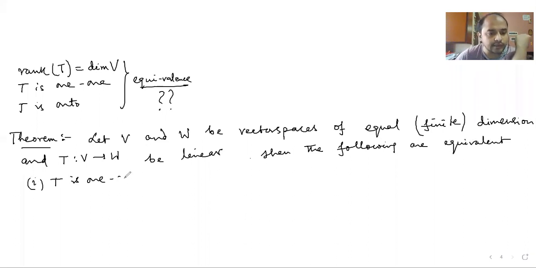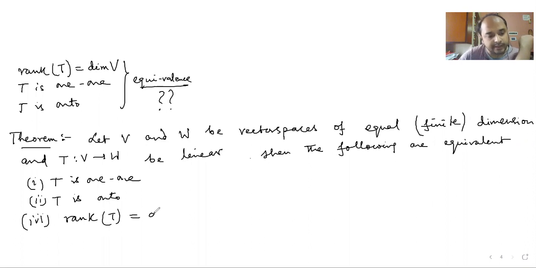Number two, T is also onto. And number three, rank of T is equal to dimension of V. All these statements will hold; they are equivalent to one another, all three are valid simultaneously.